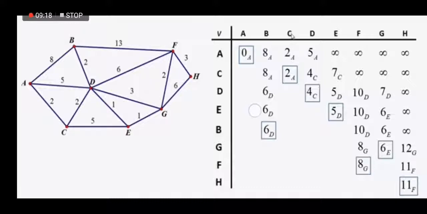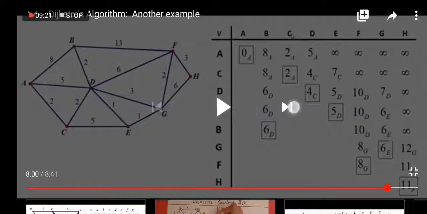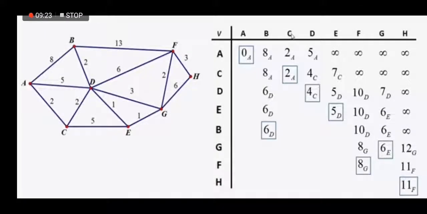From this option, we do not count the boxed numbers because they are already considered.